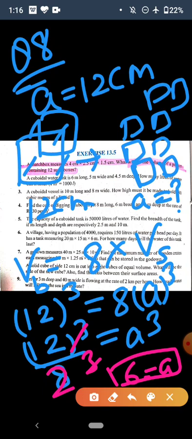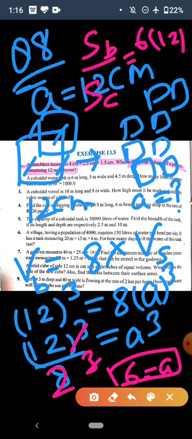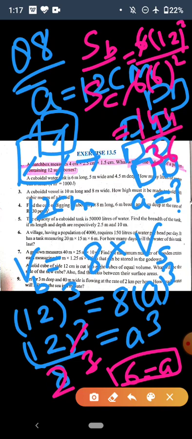Now you have to calculate the ratio of surface area. So surface area of big cube to surface area of smaller cube. So 6A square. What is the side? 12. And what is the side of the smaller cube? That is 6. 6 cancelled by 6. 144 over 36. Now you can cancel it. This is 4. So the ratio of surface area is 4:1.